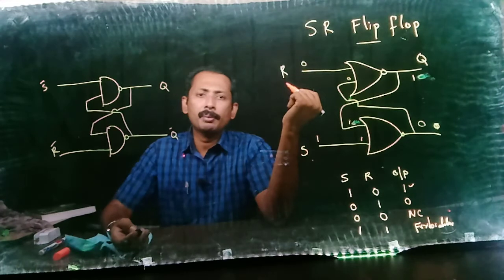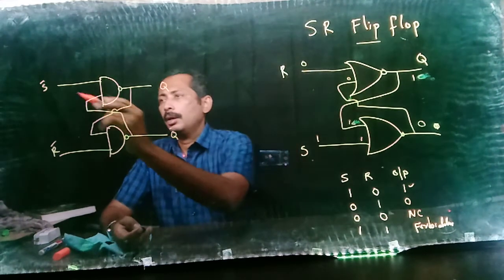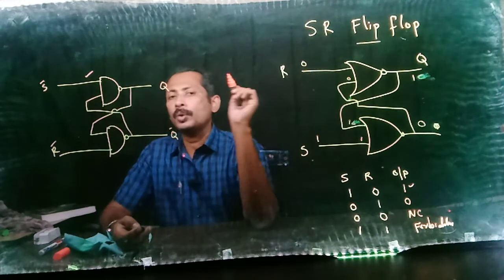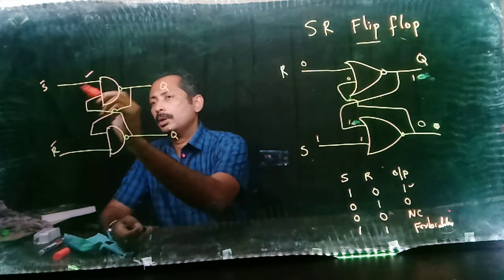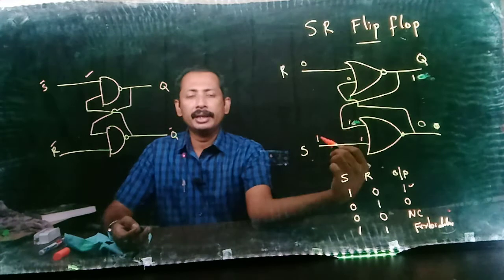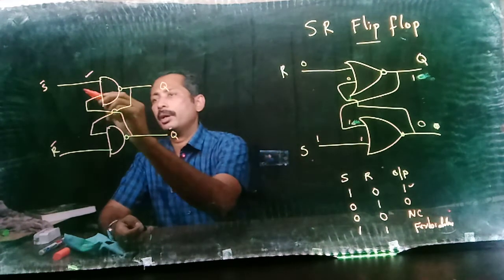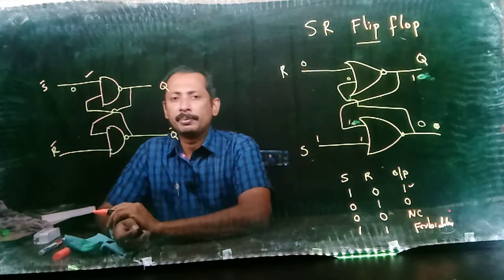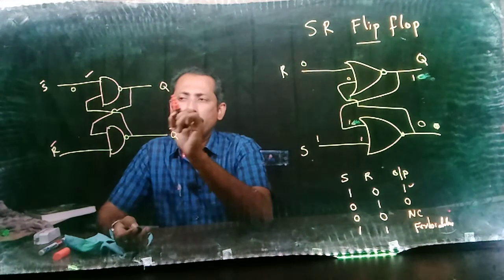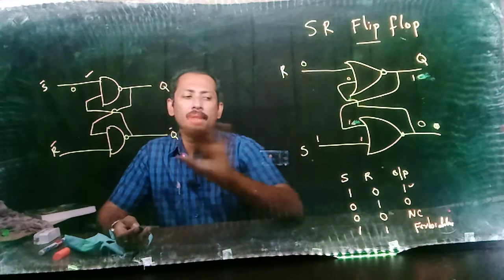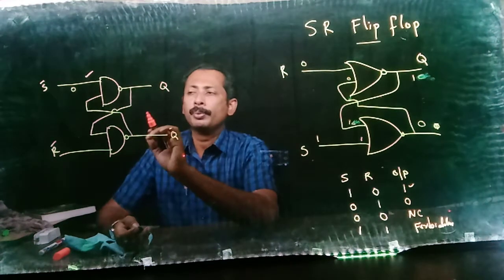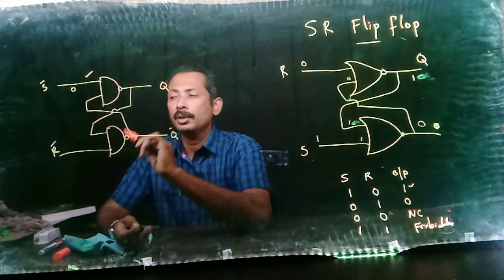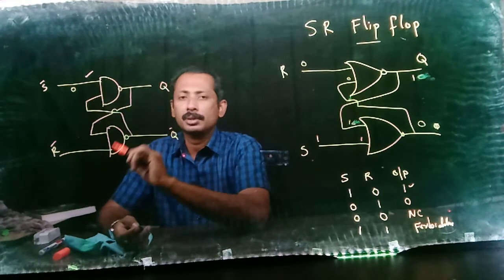S bar and R bar indicate that the input becomes active when an active low comes in. So the set property works when S 0 comes in. We denote it as S bar. When S bar is 0, the set property works here.